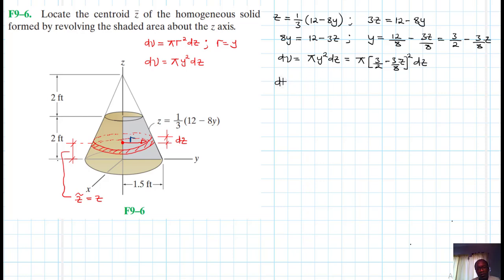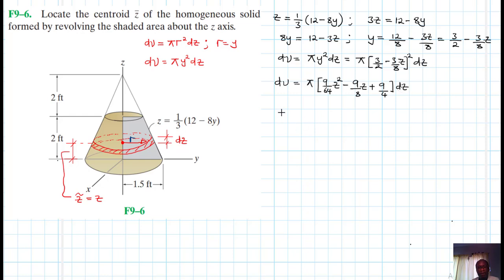So here dV is equal to pi times: this becomes 9 divided by 64 z squared, then minus 9 over 8 z, and plus 9 divided by 4, dz.